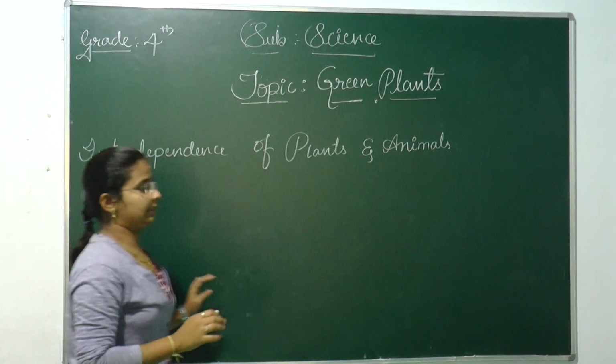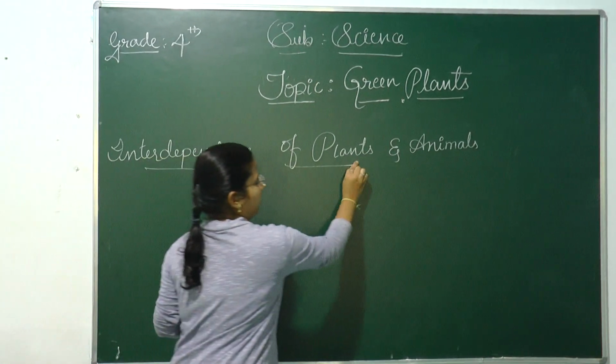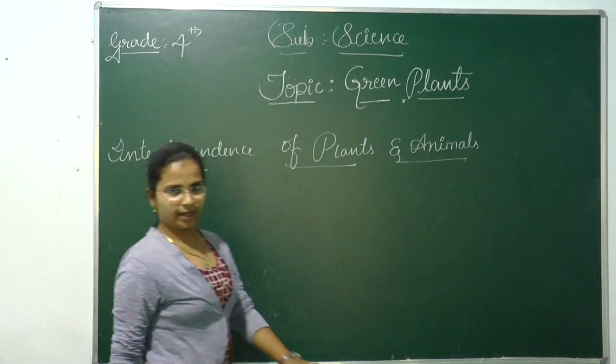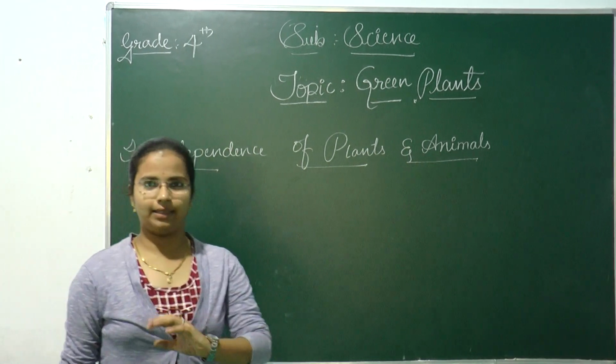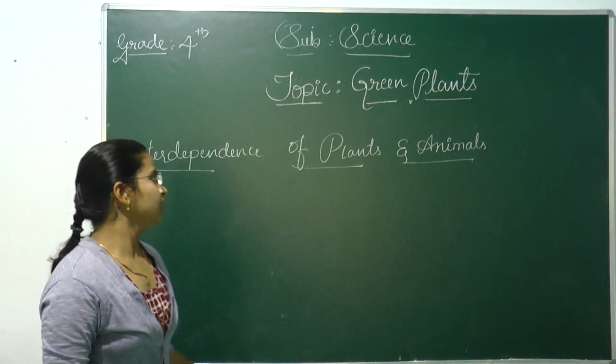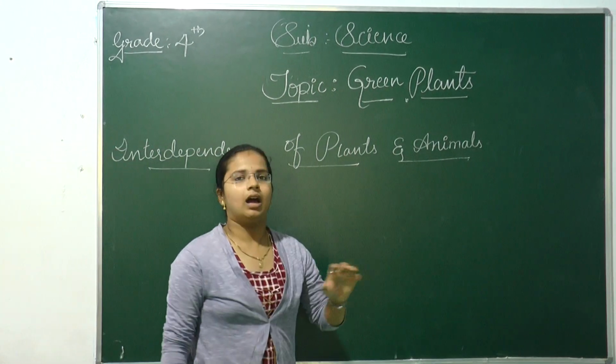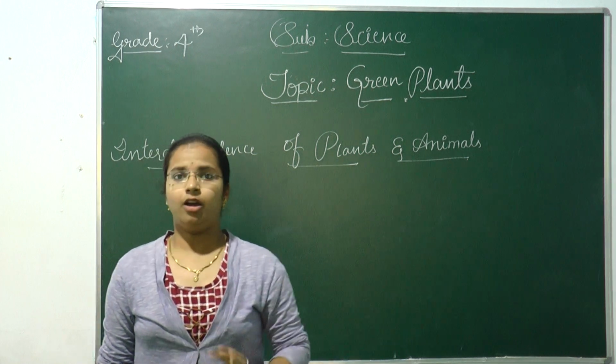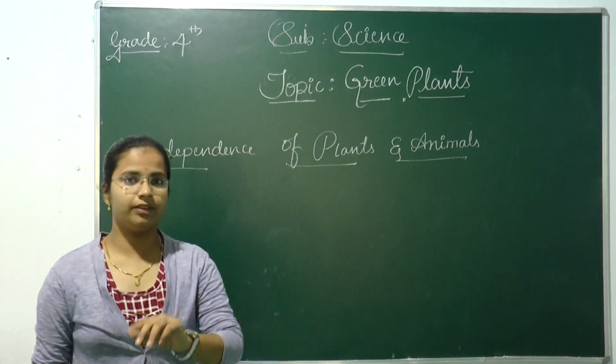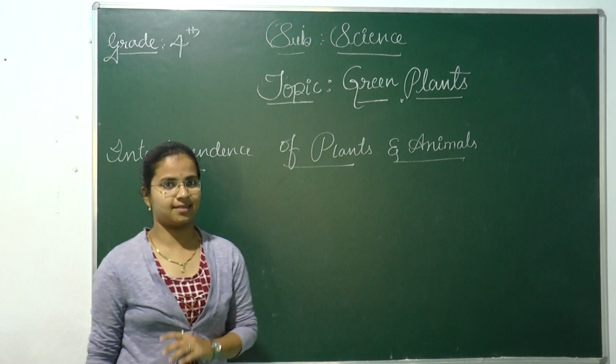As we all know, interdependence is a mutual dependence where one and another are dependent on each other. Plants and animals are interdependent for their food and even for some exchange of gases.